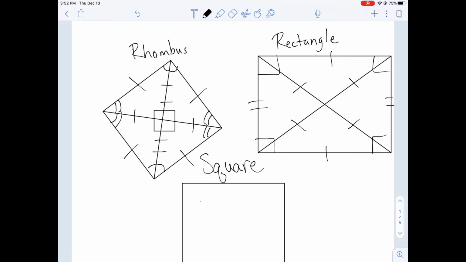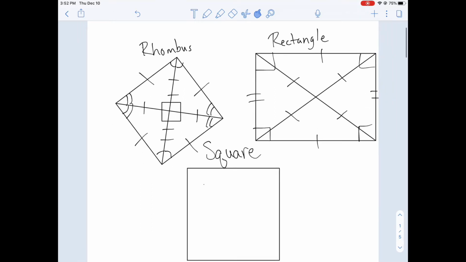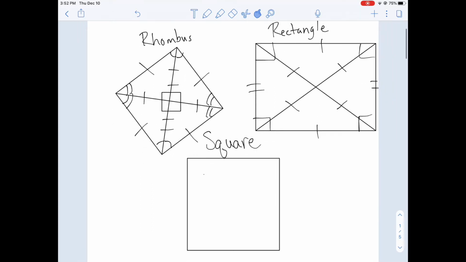And then finally, we haven't seen this one yet, but we know that a square has all of the properties of a rhombus and a rectangle. So this might look a little wild. So a square, all four sides congruent, all four angles right angles.